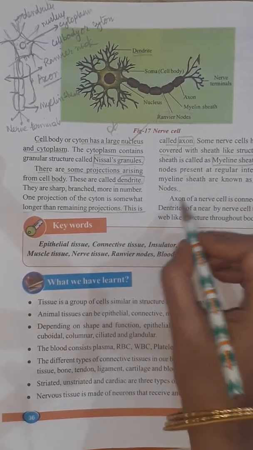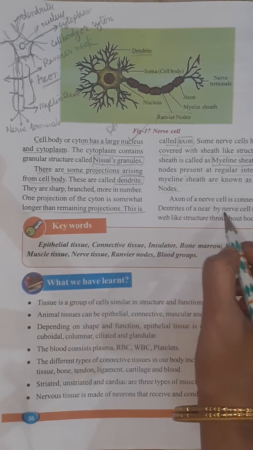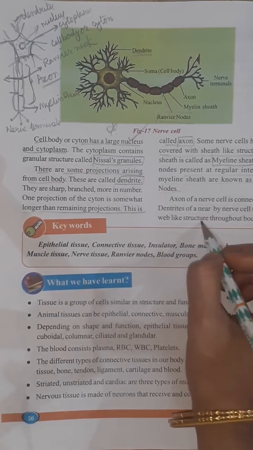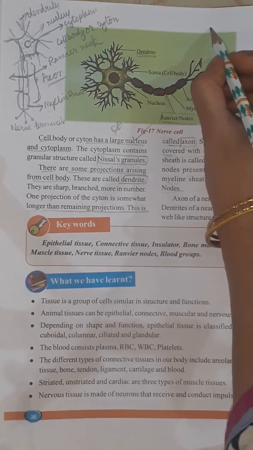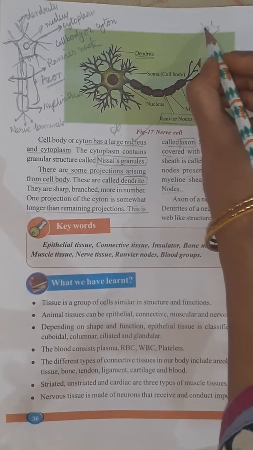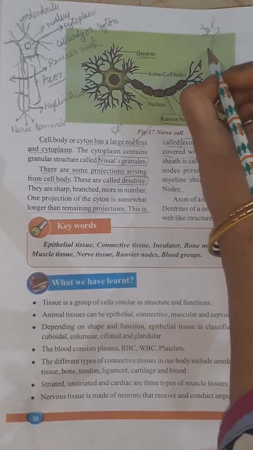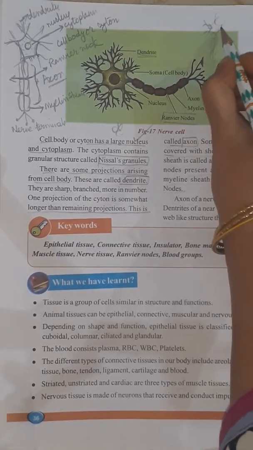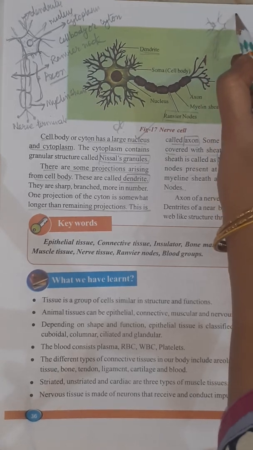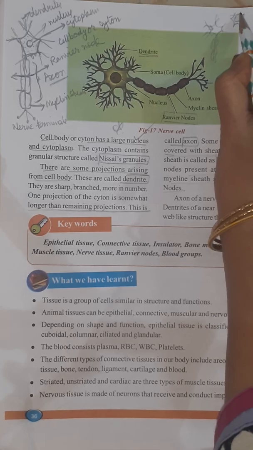See children, the axon of a nerve cell is connected via dendrites of a nearby nerve cell to form a web-like structure. I told you now, it's a nerve cell. These are the dendrites. This is a cell body. Now it's an axon. Now these dendrites are attached to another nerve cell.